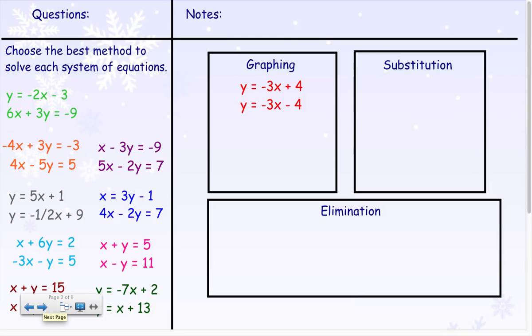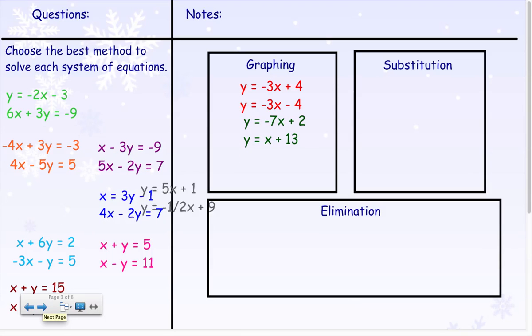They both say y equals. This one is in slope-intercept form. They both say y equals. And this one is in slope-intercept form. They both say y equals. So I would pick 2 of those systems to write down, and I can separate them by a little line here too if that helps. The writing is kind of small.